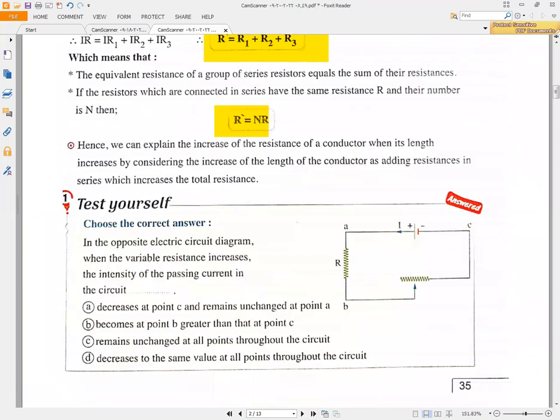Choose the correct answer. When the variable resistance increases, the intensity of current passing through the circuit increases or decreases?